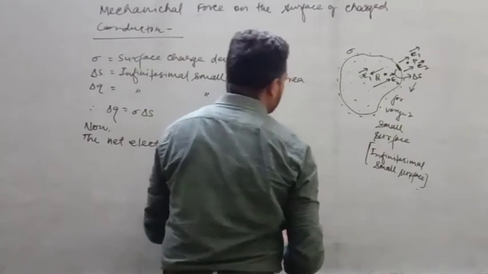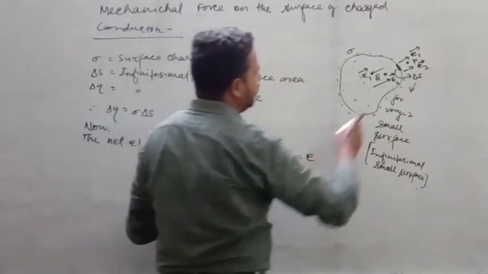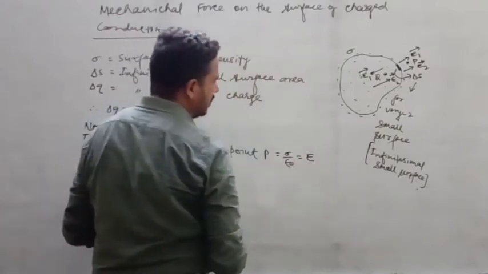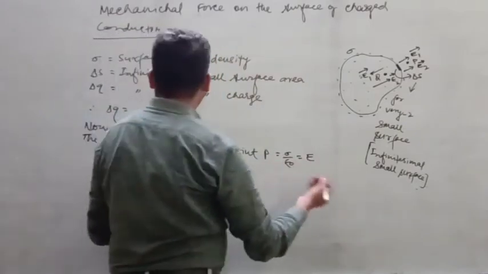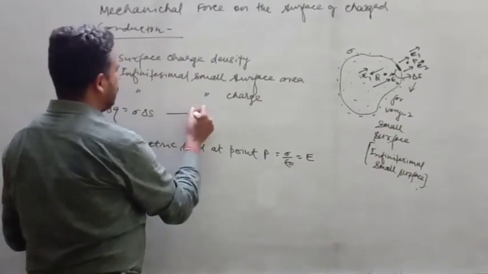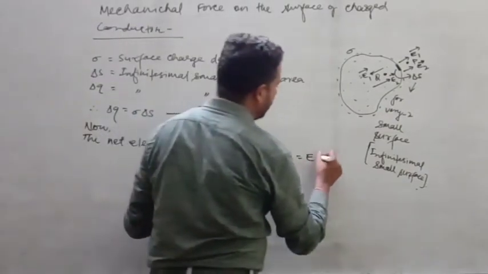We have already got that the net field at point P is sigma by epsilon naught. Take this as equation 1, and this one is equation 2.